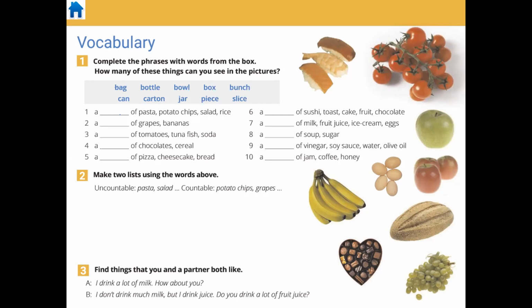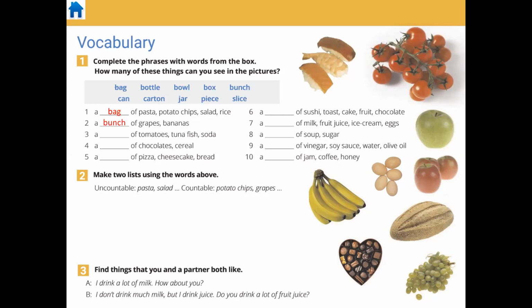That one is a bag. Let's just do number 2 together. Of grapes and bananas. This one is bunch.